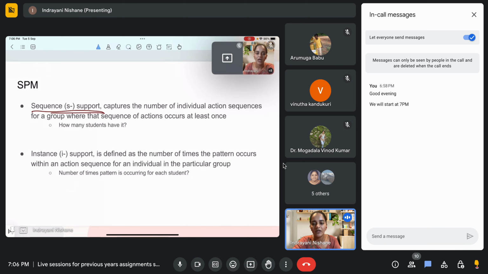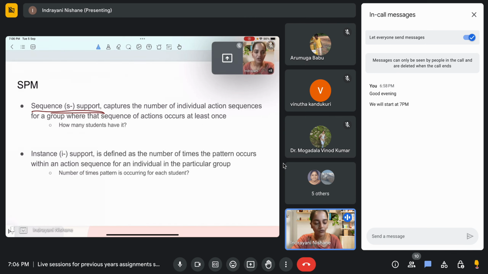Now instance support is calculated for a particular action, and then out of the group, how many individuals are having that particular pattern is the instance support, instance of that particular pattern. As we do the numericals, these definitions will be more clear.